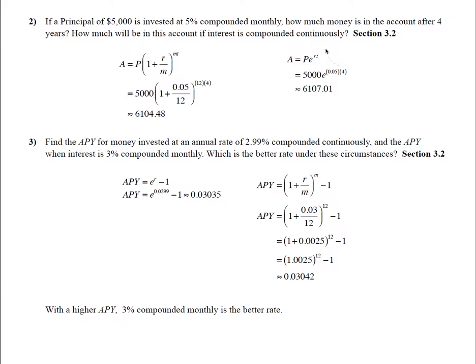Then we're also going to need to calculate how much is in this account if we compound the interest continuously. It's going to be more, not a whole lot more, but it's going to be more. But it's a simpler formula. We enter 5,000, the principal, here, and we multiply times e raised to the 0.05, the rate right here, times the time.